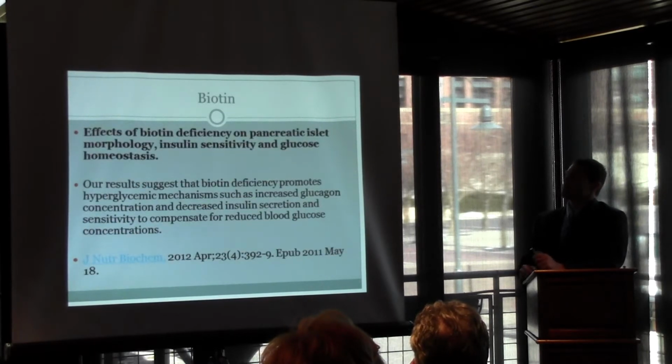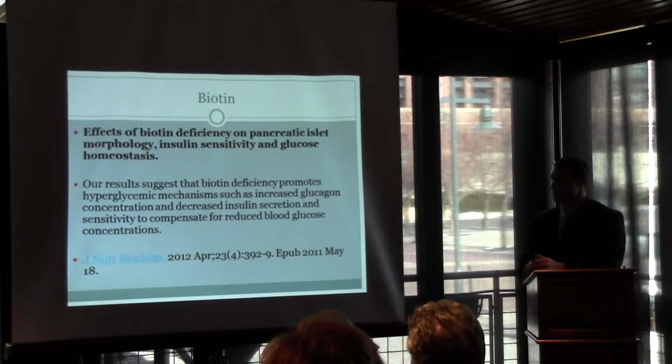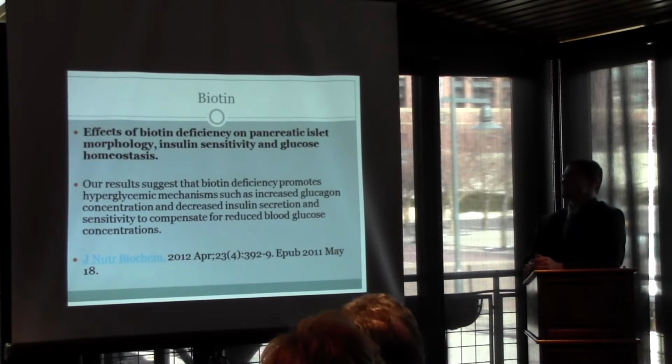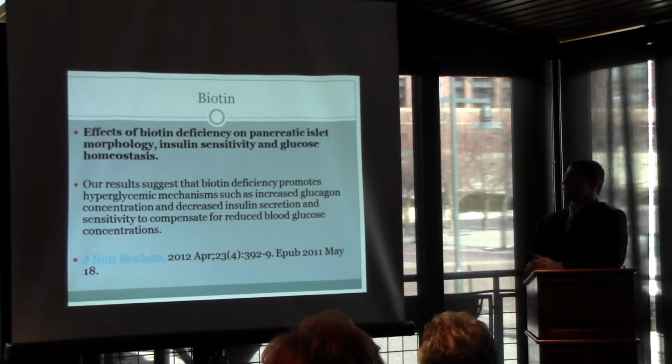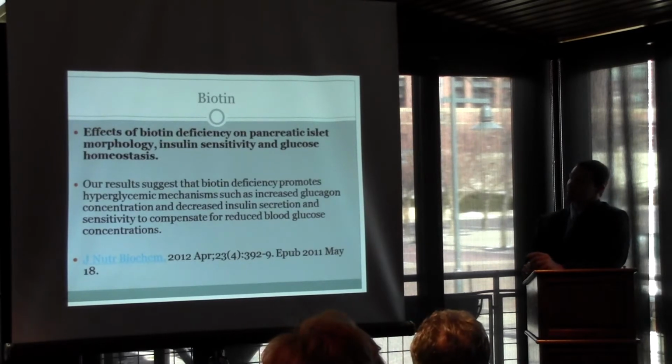Biotin. Our results suggest that biotin deficiency promotes hyperglycemic mechanisms such as increased glucagon concentrations and decreased insulin secretion and sensitivity to compensate for low glucose levels. One of the main effects of insulin, apart from trying to push glucose into a cell in addition to acting on those insulin receptors, is that it downregulates the activity of glucagon.